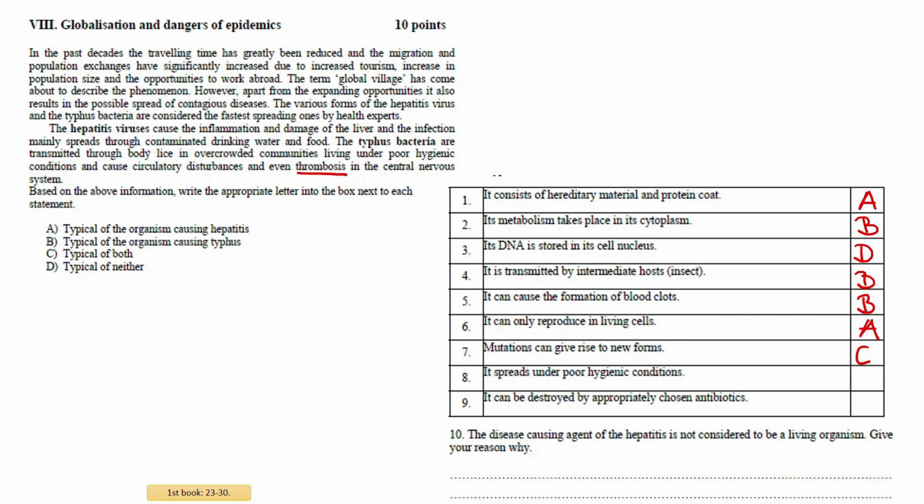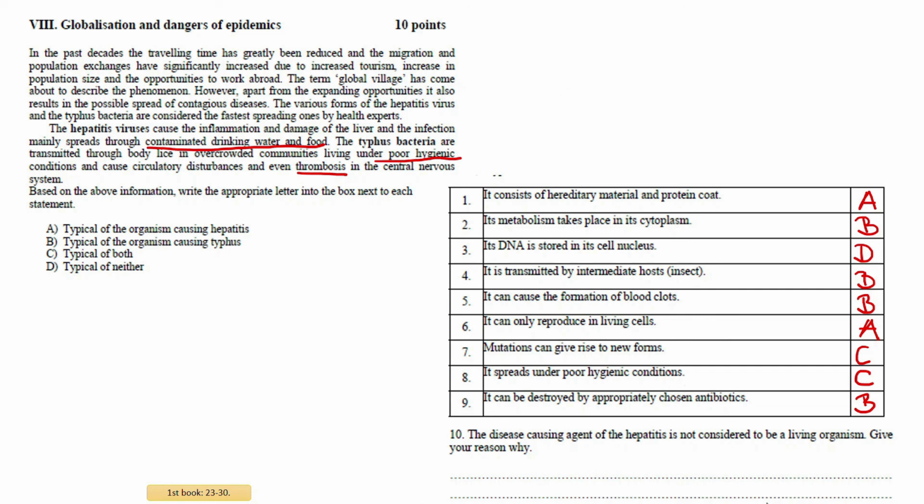That's true for both. First one is contaminated food and the other one is overcrowded communities living under poor hygienic conditions. So C. It can be destroyed by appropriately chosen antibiotics. Antibiotics are effective against bacteria, but not against viruses.